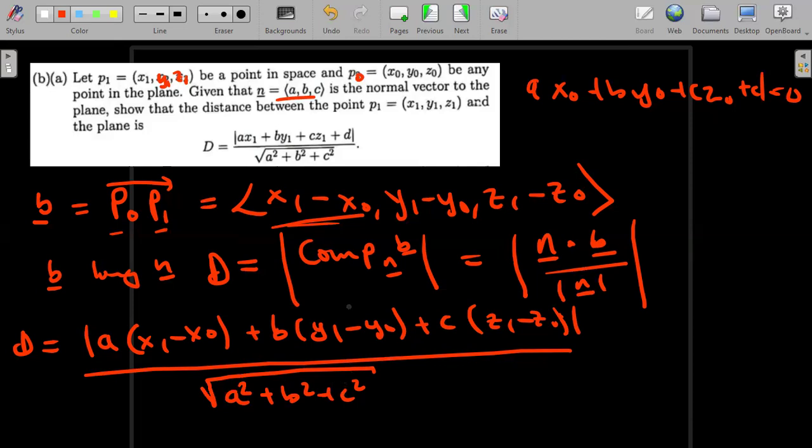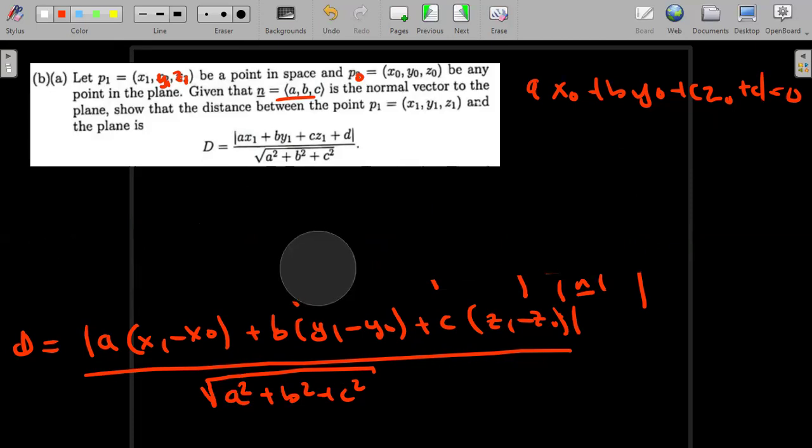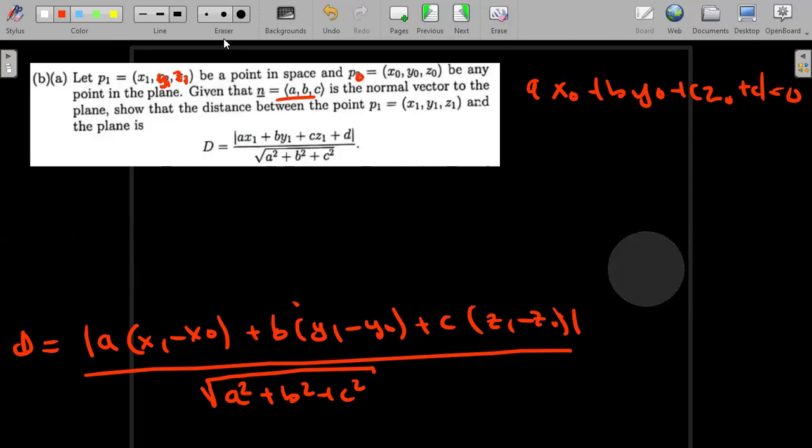So now from here, let me erase this part. What you do now is multiply. When you multiply what is inside there, you multiply the a with whatever is inside.